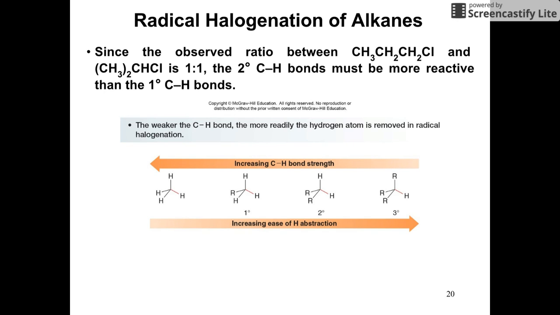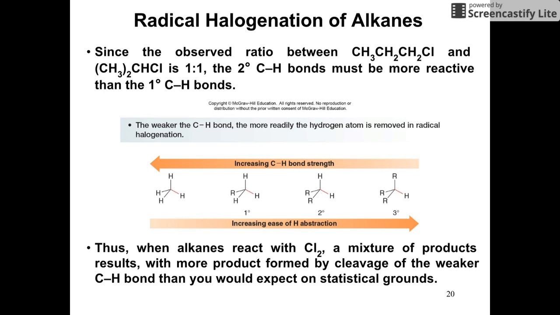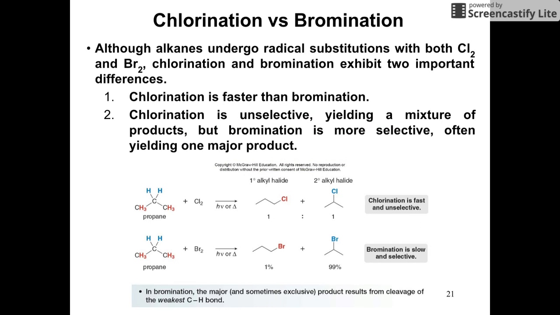It's easier to abstract the secondary hydrogen than it is the primary, therefore it reacts more quickly. And this is, again, what this bullet point says. The statistical grounds don't work here, and that is because of the different energy of reactivity.